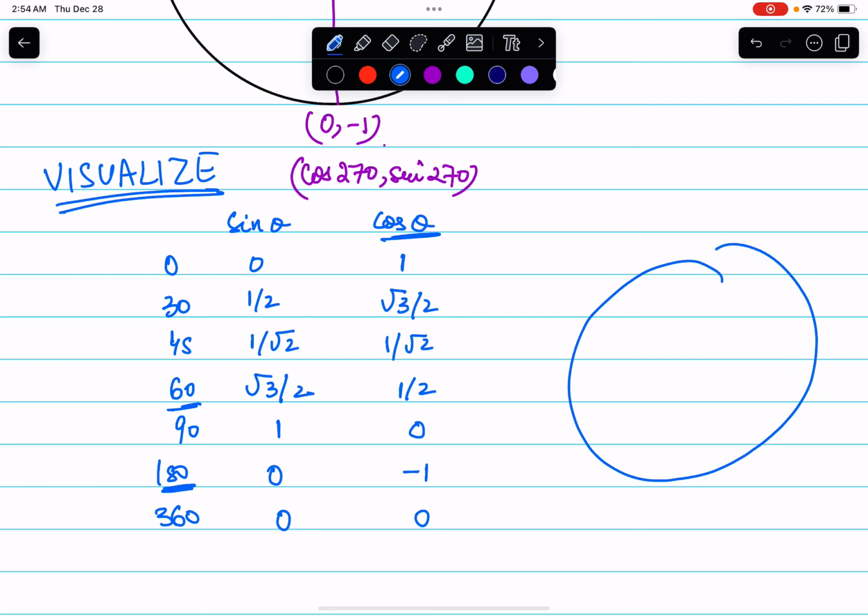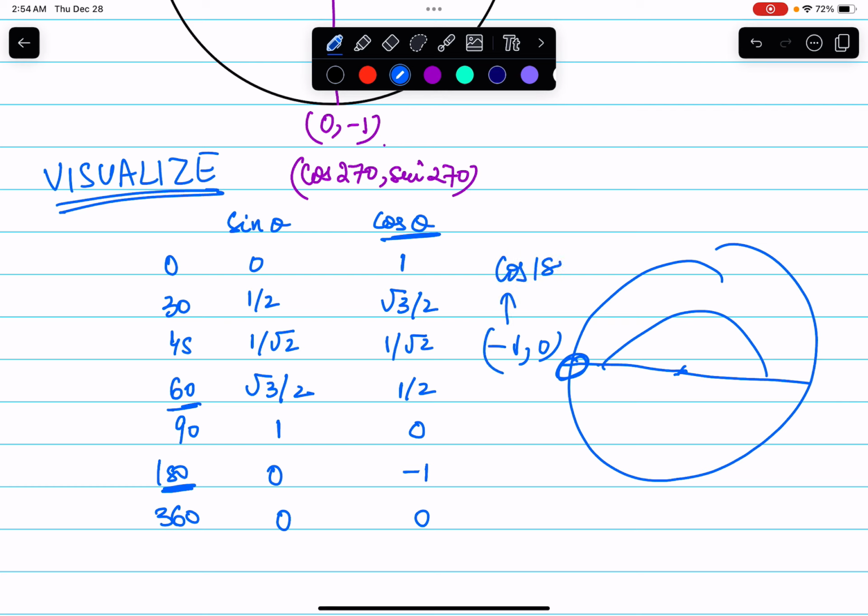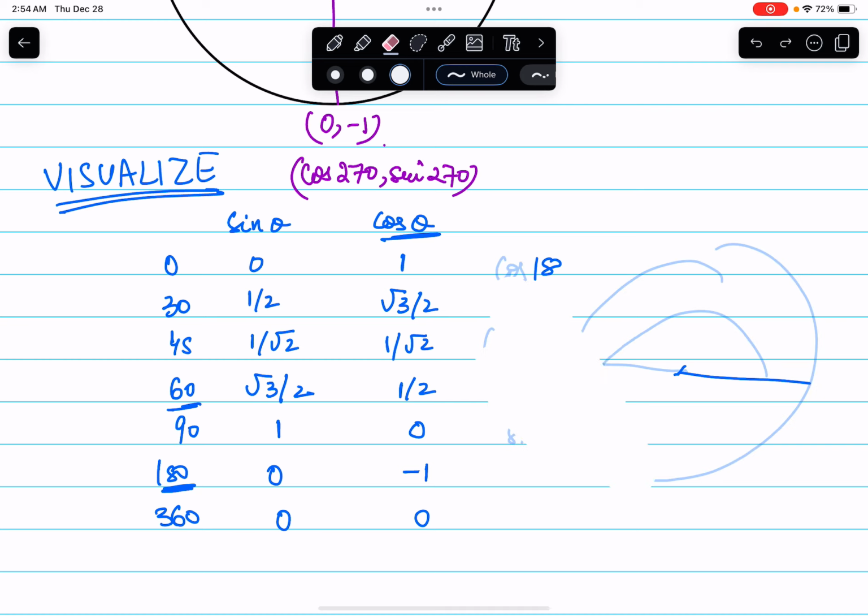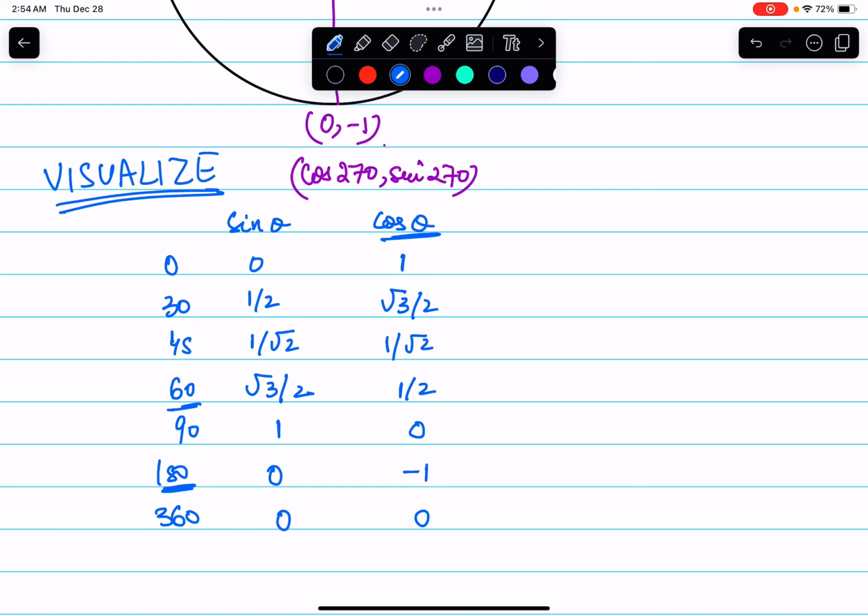So I think of a unit circle, and then you go to 180 over here, and I know that at 180 the value of x comma y is negative 1 comma 0, which is why cosine of 180 is -1, and sine of 180 is 0, which is exactly what we get over here. Okay? So that's the main idea for how we do this.